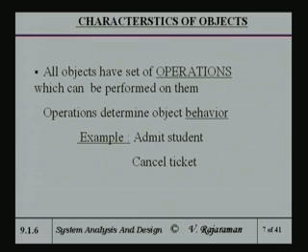All objects have a set of operations which can be performed on them. Admit a student, cancel a ticket. Now, when you say admit a student, cancel a ticket and so on, the implementation of that operation is done by some program.